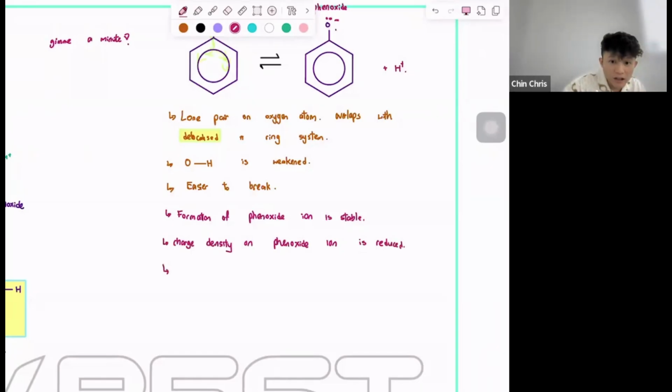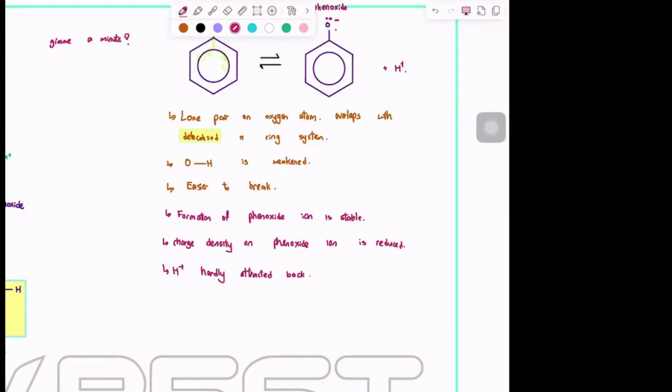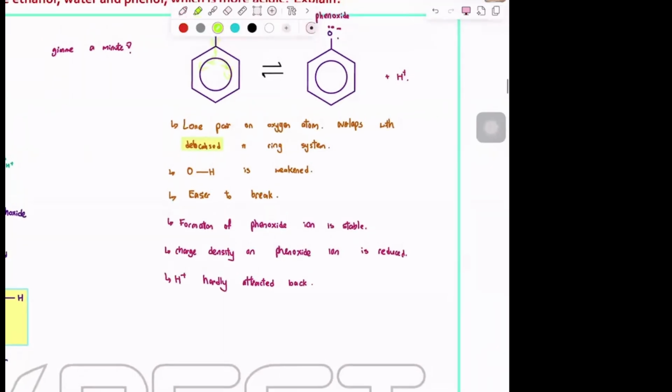Which means the H plus is hardly attracted back to phenol, right? So the charge density decreases because the electrons from the oxygen have gone into the pi ring system, right?